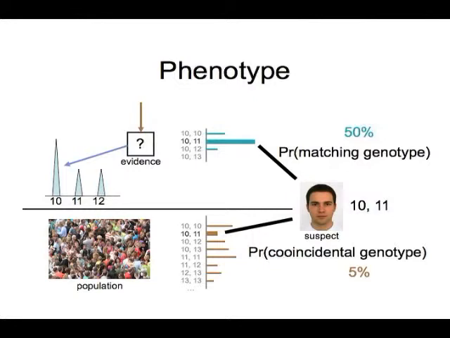And that gives us the numerator, the probability of the matching genotype. And we have the same coincidental genotype in the denominator. I'm not going to go into population substructure, theta corrections, and so on, but you can. It's more detail. And again, you obtain a likelihood ratio, which is a ratio of the 50 over 5, which would be about 10. So one log unit.